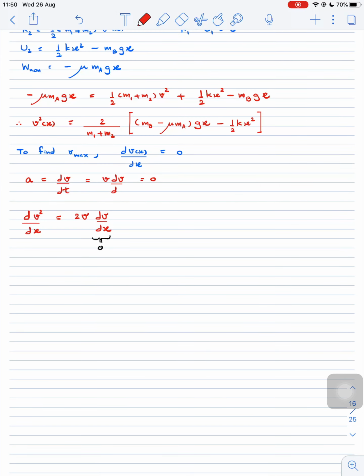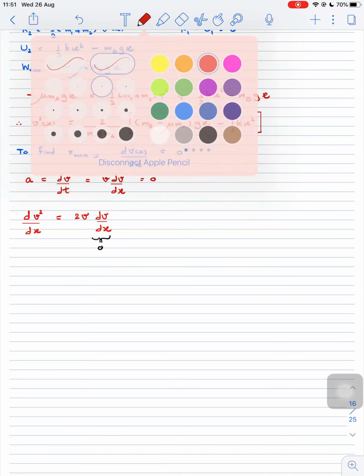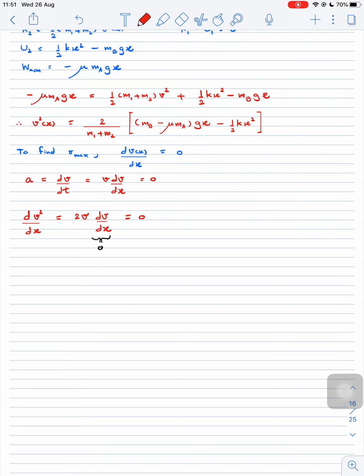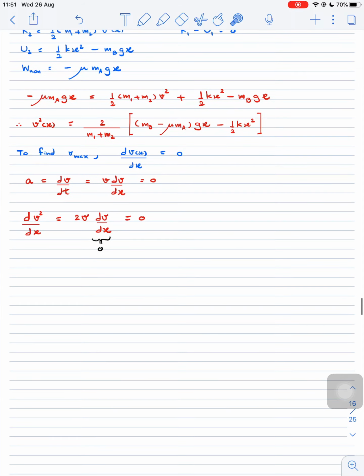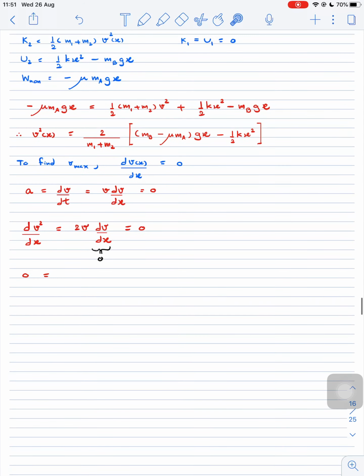Actually, it should be this type, the x. Oops. Okay, now let's see. So it means that we just find the derivative of this one and make it equal to 0, and that's it. So here we can get that the 0 equal to the derivative of this one. So we have the constant, the 2 over the m1 plus the m2.